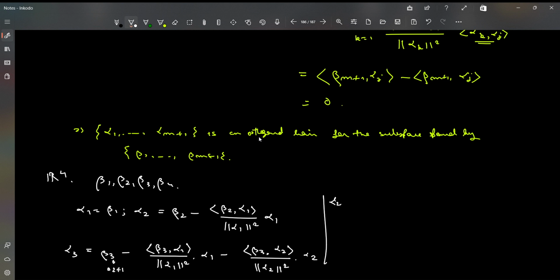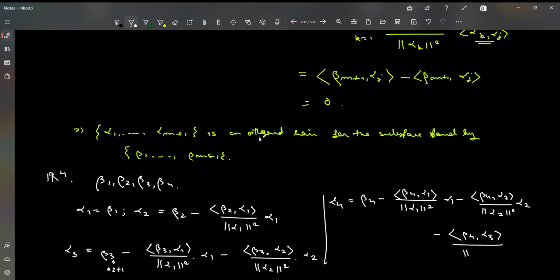And similarly you can construct alpha 4. Alpha 4 is beta 4 minus the inner product of beta 4 with alpha 1 upon the norm of alpha 1 squared times alpha 1, minus the inner product of beta 4 with alpha 2 upon the norm of alpha 2 squared times alpha 2, minus the inner product of beta 4 with alpha 3 divided by the norm of alpha 3 squared times alpha 3.